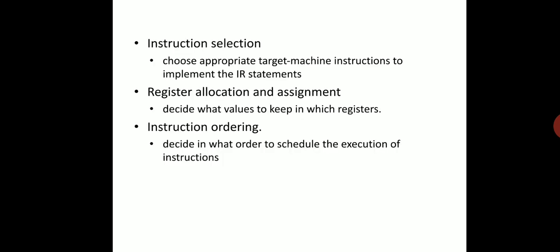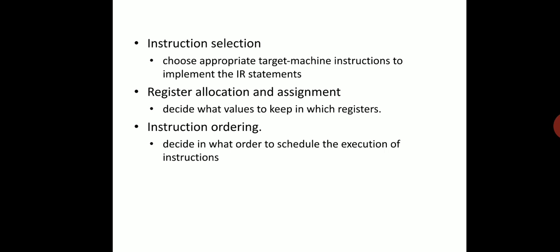As we have discussed, there are 3 main tasks performed by the code generator during the generation of code. What is that? Instruction selection. To get the desired, efficient target program, proper instruction selection must be done.